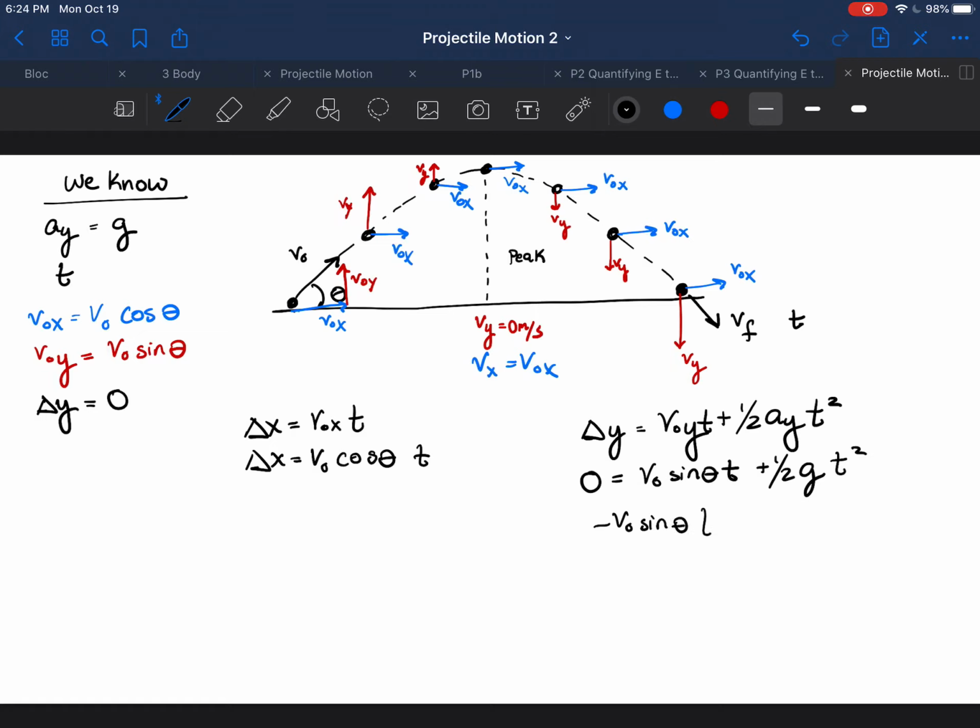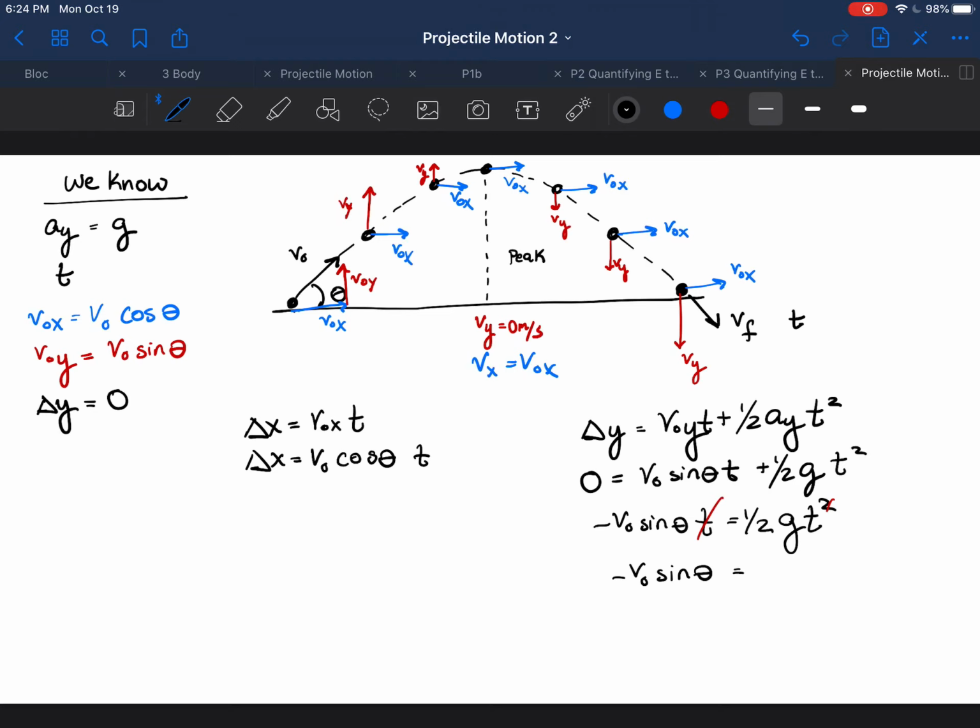If I subtract v0 to the other side, then I see that actually a t squared and a t canceled, and that only works because I have 0 on this side. If that side wasn't equal to 0, this would cause problems.